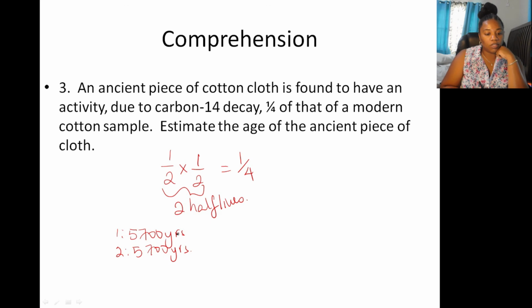So 5,700 years had to transpire for carbon-14 to decay to 1 half-life, and then 5,700 years again to decay to a second half-life, giving 1/4. So 5,700 times 2 will give 11,400 years.